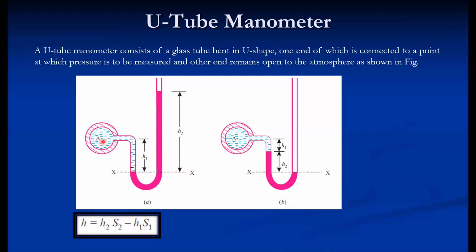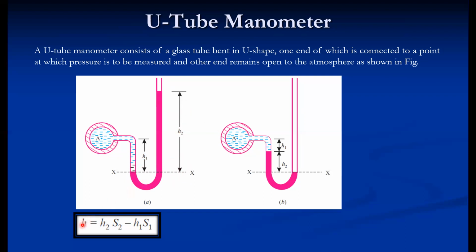So we can say PA is H1 S1 gamma, where gamma is the specific weight of water, and that is equal to H2 S2 gamma, where S2 gamma is the specific weight of this manometric fluid.